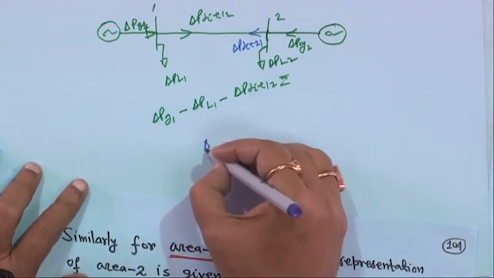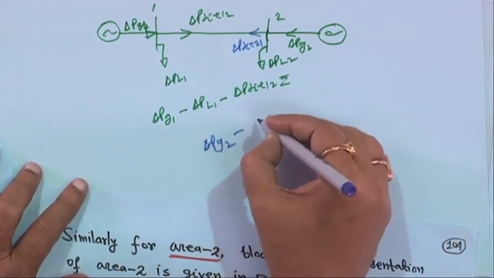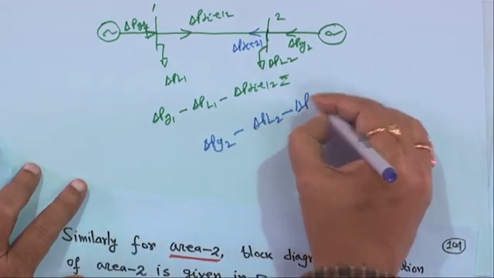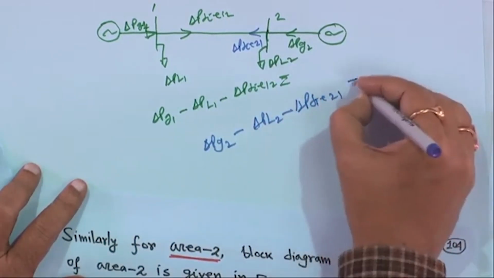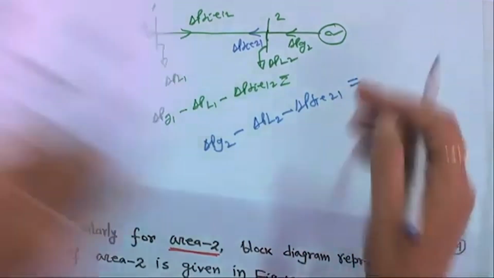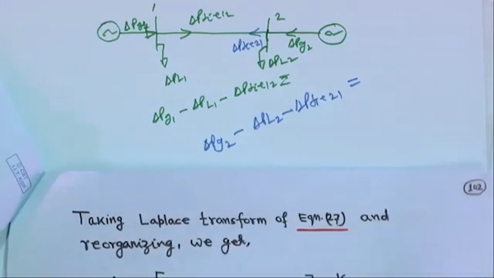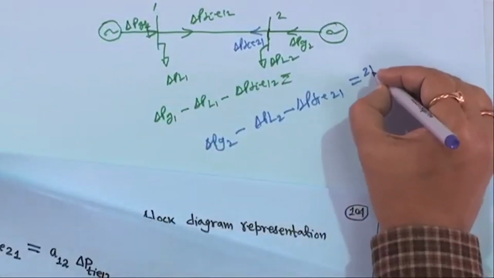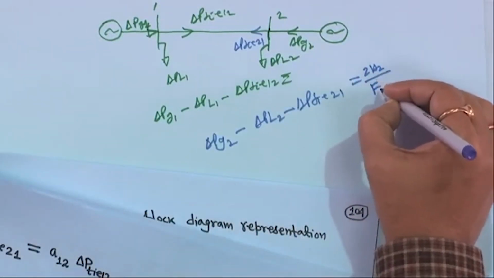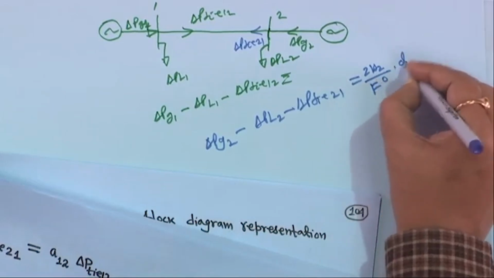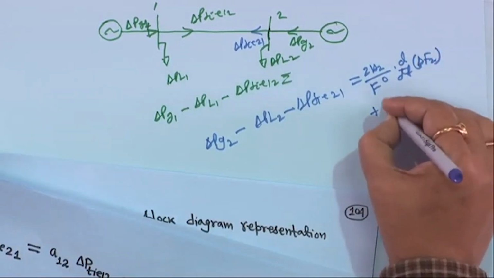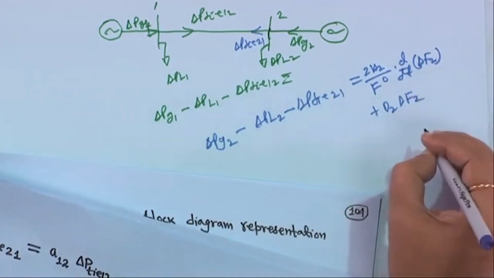That means the power balance equation, in the same way, gives delta Pg2 minus delta PL2 minus delta P ti 2 1, which during power imbalance you can write as 2H2 divided by F0 into d dt of delta F2 plus d2 into delta F2.